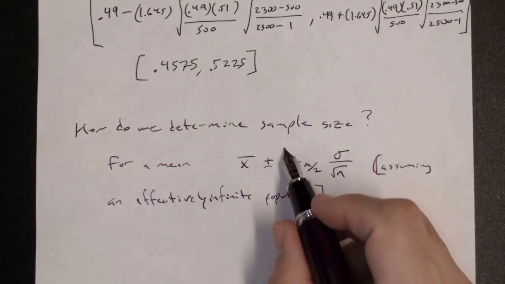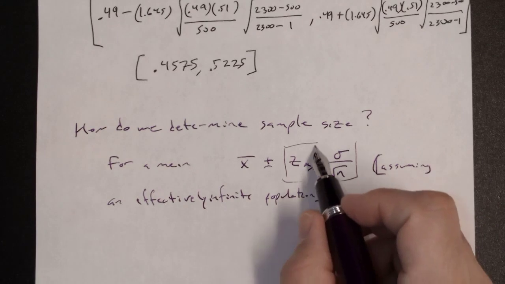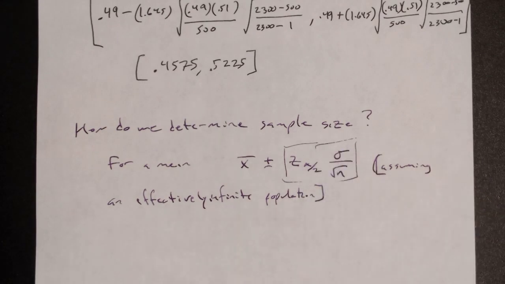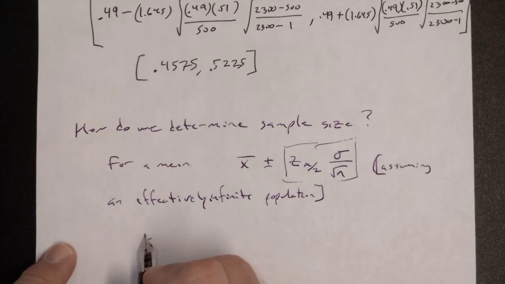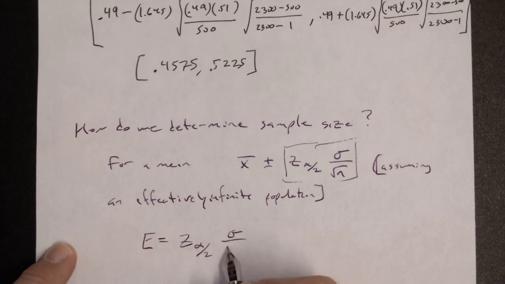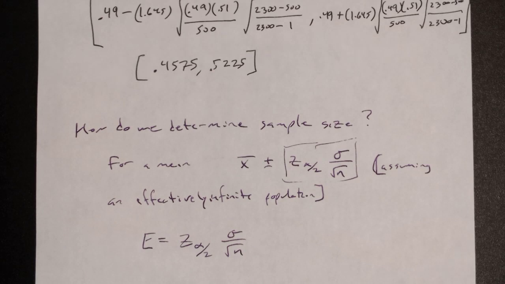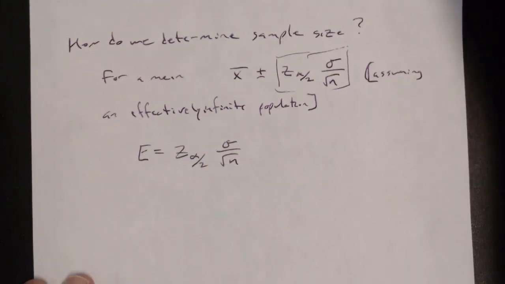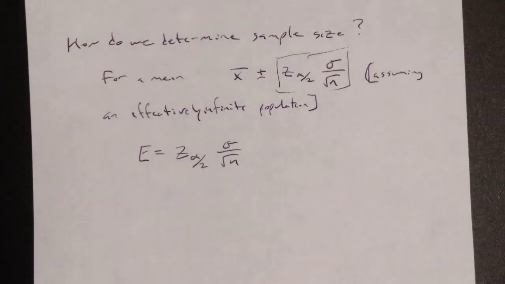Well, then this piece right here, that's really what my margin of error is. I want you to rearrange that. Solve for n. Let's get n all alone in that formula.